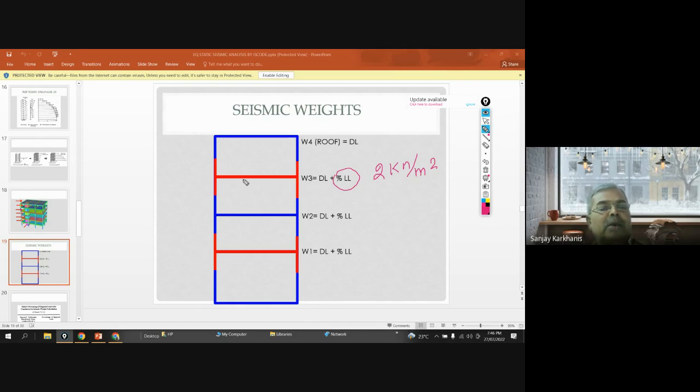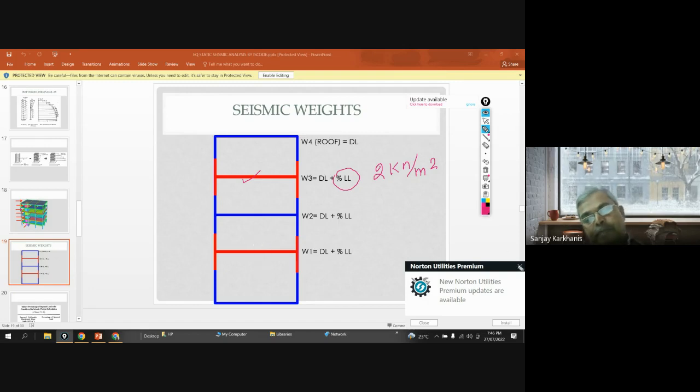That means on this floor, there may be a night party, so this floor may be subjected to 2 kilonewton, but this floor may be subjected to 0. This floor may be subjected to 10%, etc. All floors having their full intensity of live load at the time when the building is subjected to earthquake loads, this possibility is rare. Clear? Yes, sir.